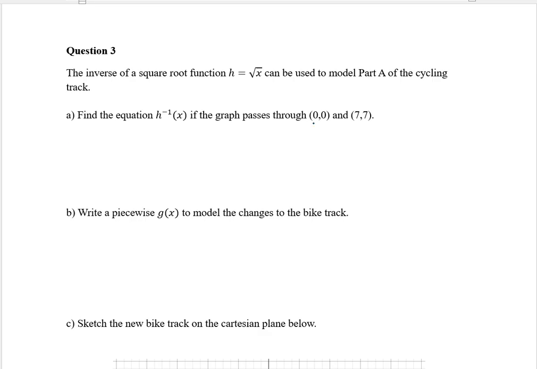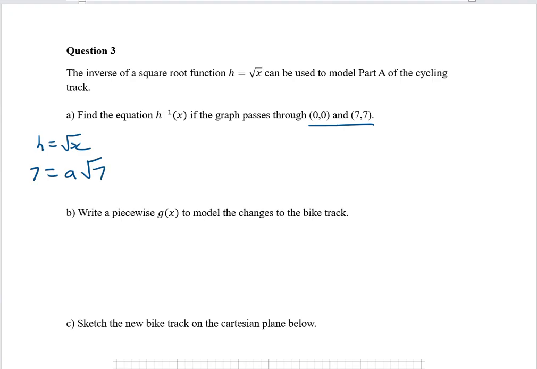It says the graph must pass through these 2 points. So I'm just going to write it as h is equal to square root x. I'm then just going to put an a in and substitute my values of 7 and 7. So 7 is equal to a square root 7.